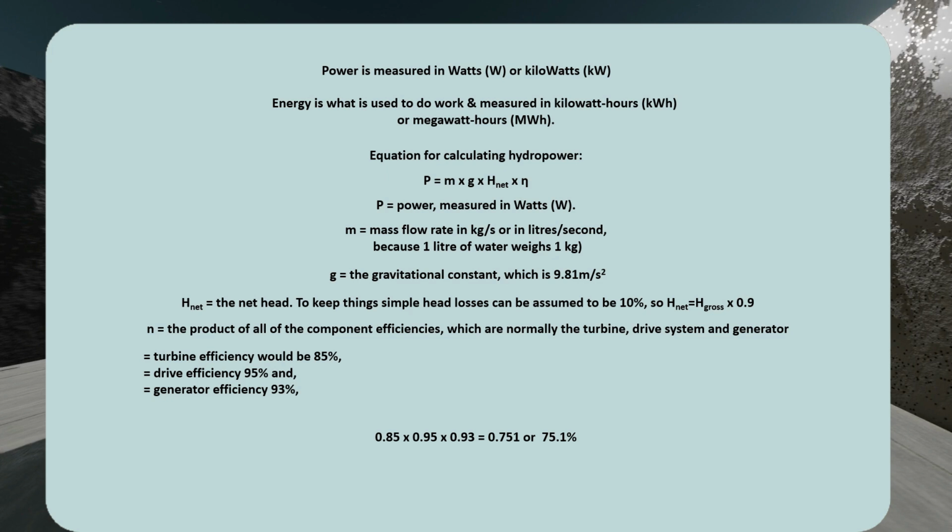For a typical small hydro system, the turbine efficiency would be 85%, drive efficiency is 95%, and generator efficiency is 93%. So the overall system efficiency would be 0.85 multiplied by 0.95 multiplied by 0.93 equals 0.751, which is equivalent to 75.1%.